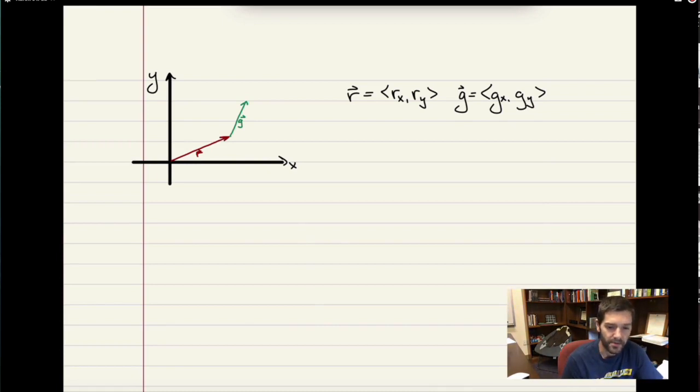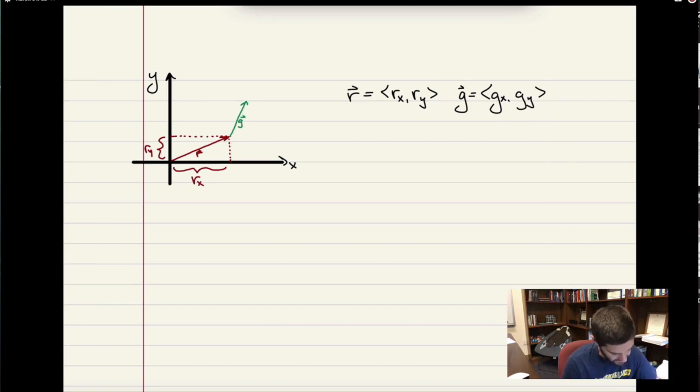It goes to the right and also goes up. I can talk about what those components are if I imagine some dashed-dotted lines. This length right here is the length r sub x. That is the distance the vector points in the x direction. And then this is r sub y, the distance that the vector points in the vertical direction.